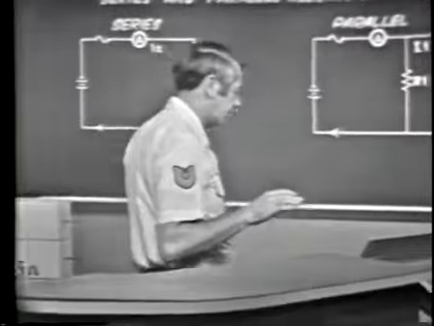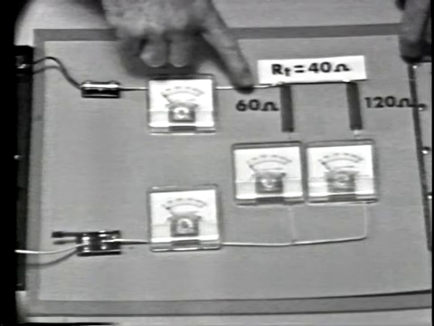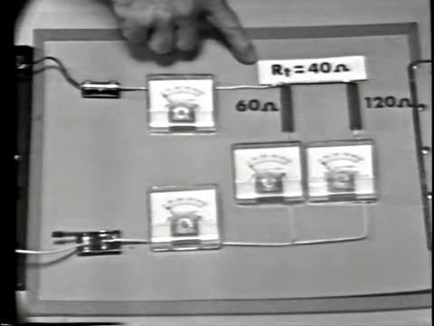Well, this is what happens to total resistance in a parallel circuit. By placing the resistors in parallel, we increase the cross-sectional area. Total resistance, then, is less than the smallest branch resistance.